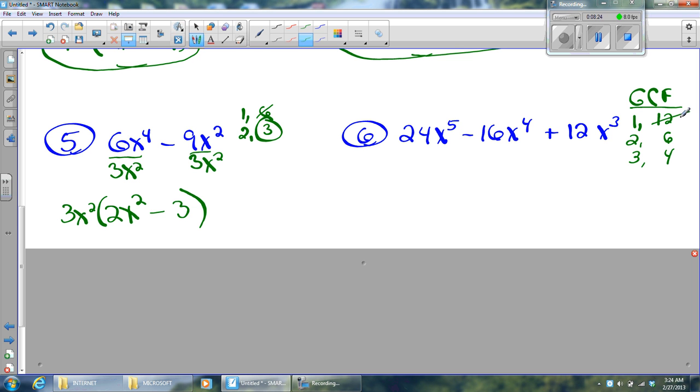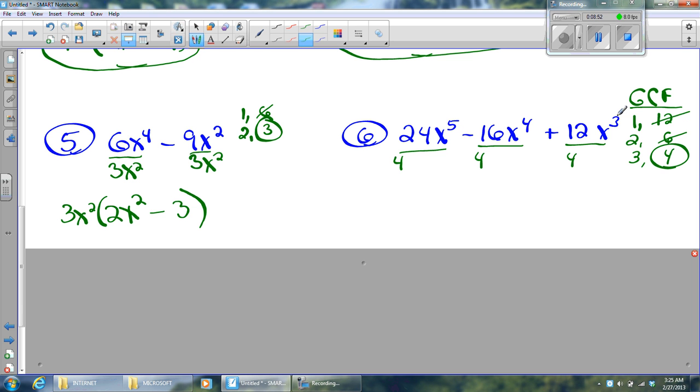It's got to be common to all three to be my GCF. 6 goes into 12, does not go into 16. 4 goes into 12, 4 goes into 16, and 4 goes into 24. So 4 is a part of my GCF. So I need a 4, right? But I've got some variables. And what exponent of x is contained in all of them?